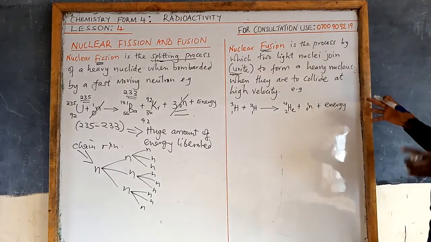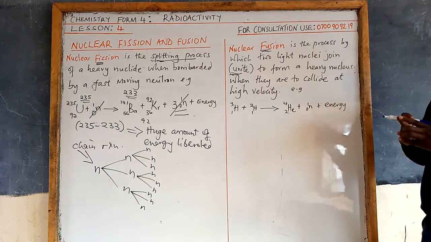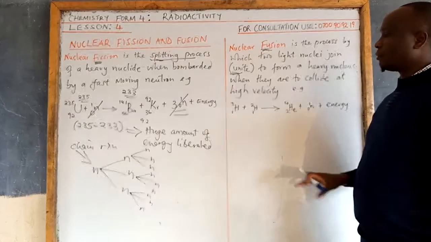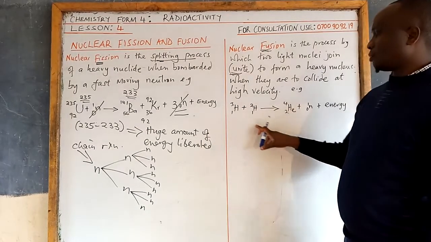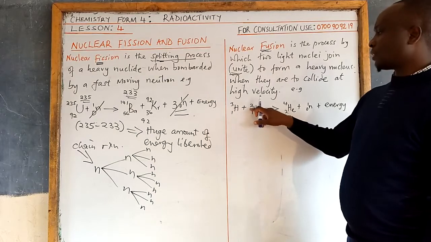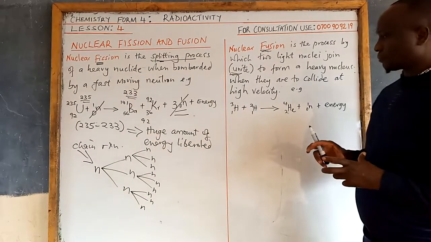So in this case, light nuclei are made to collide at a very high velocity. They stick together, forming a heavy nuclide. For example, here. Hydrogen has three isotopes: hydrogen 1, hydrogen 2, and hydrogen 3. In this case, hydrogen 2 and hydrogen 3 nuclei are very light.